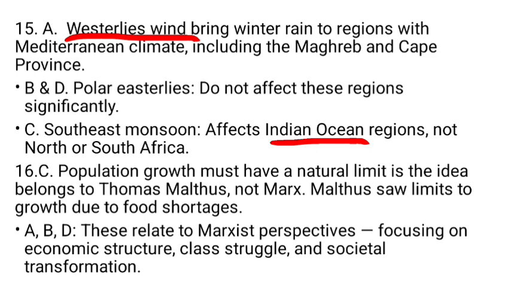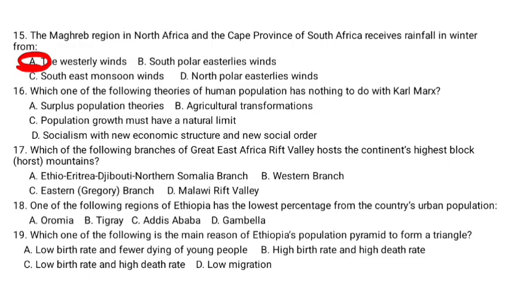But choices A, B, and D are related to Marx's perspectives, focusing on economic structure, class struggle, and societal transformation. As a result, C is the correct answer for question number 16.